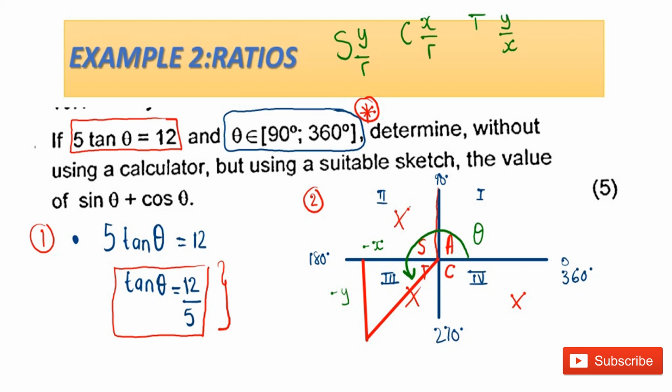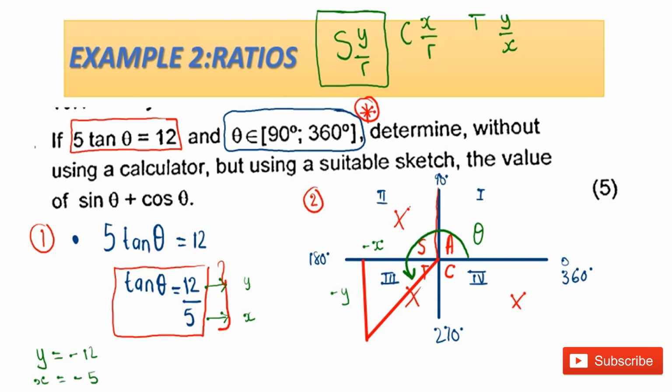So because we've got tan of theta, that means that your y is equal to 12 and your x is equal to 5, right? But because we are working in the third quadrant, that tells us that now if we had to find the value of our sine of theta, which is y over r, right? So we would have to substitute a y value that is negative, right? So your y value is actually negative 12 and your x value is actually negative 5, right?